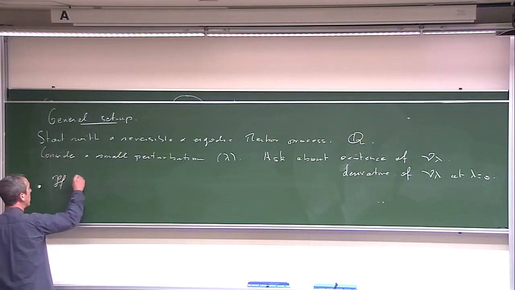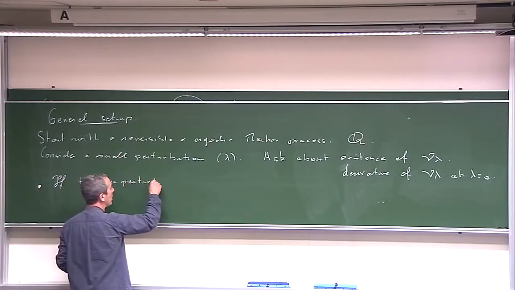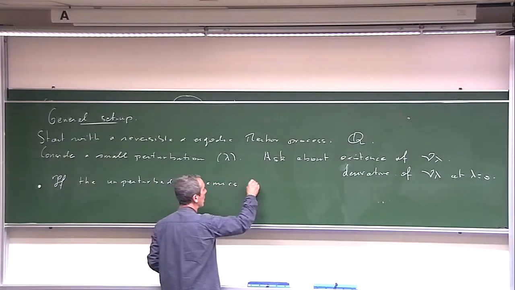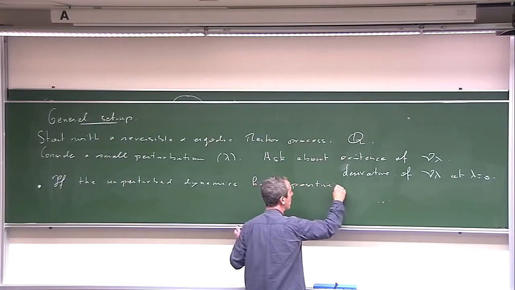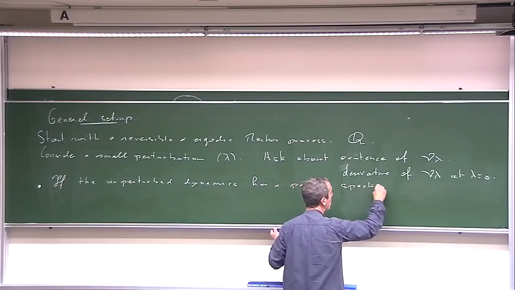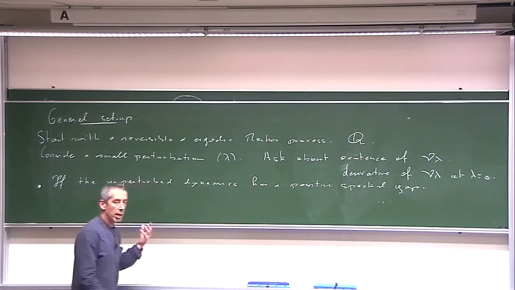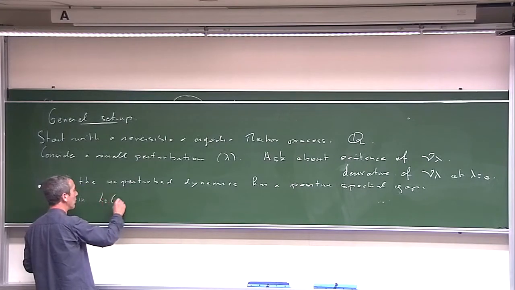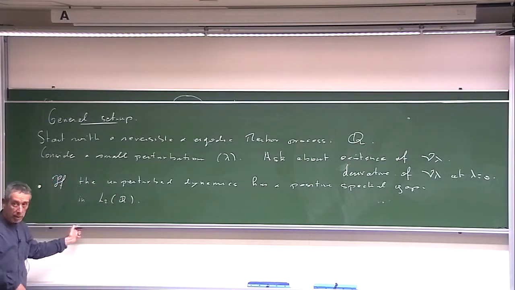So if the unperturbed dynamics has a positive spectral gap, where by spectral gap I mean the usual thing in L2 of Q, then there is a steady state, and you can take the derivative at lambda equals 0.